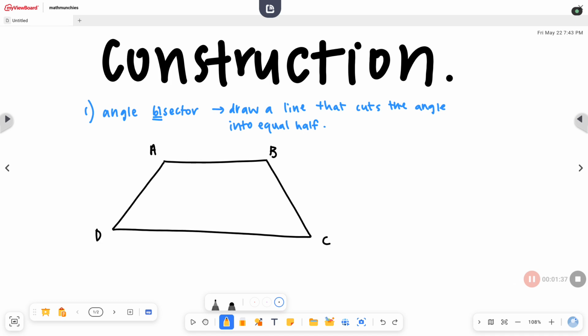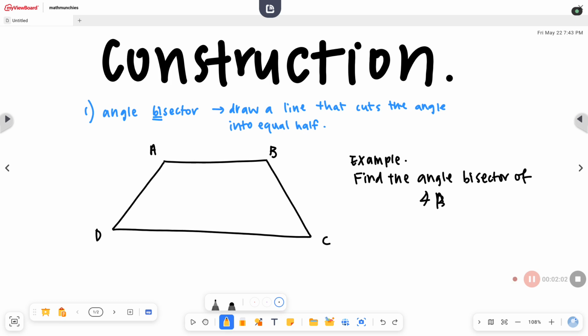So for example, in the question, your teacher will say, hey, find the angle bisector of angle ABC. Actually, don't give your ABC, it's quite hard.